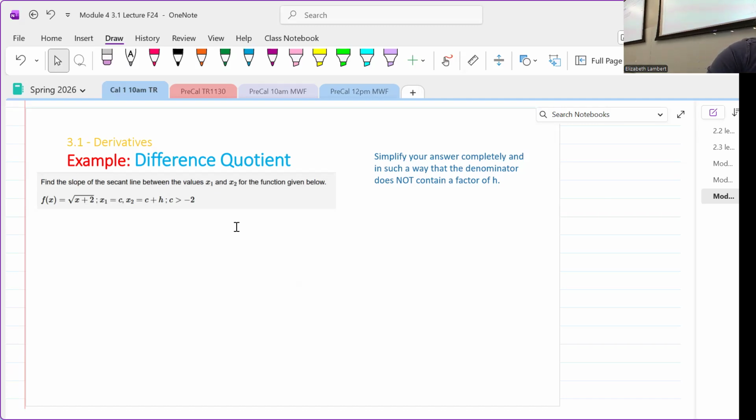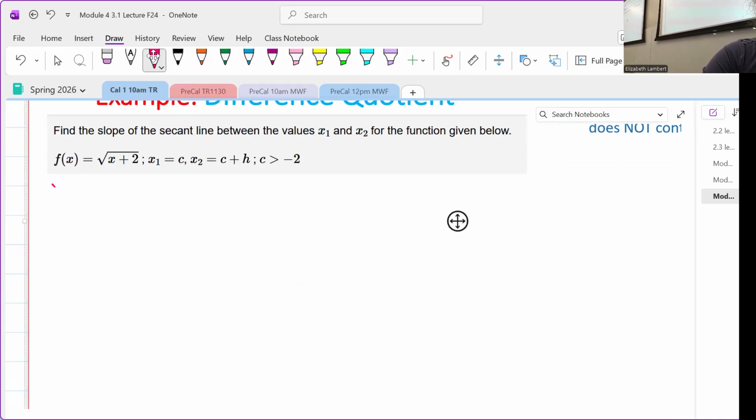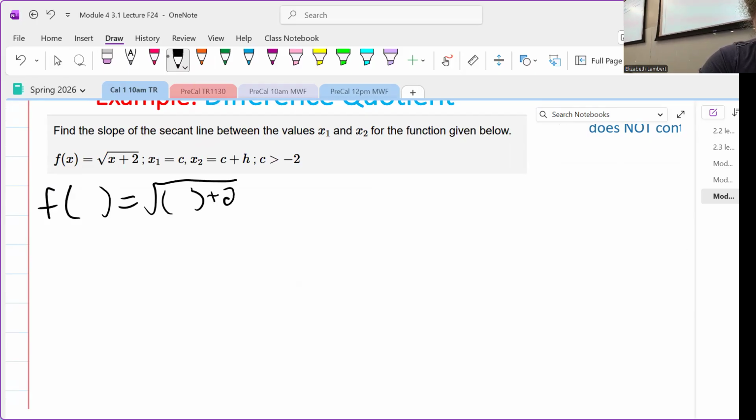All right, same song, second verse. A little bit louder and a whole lot worse. So rewind, let me focus on the function. So f of thing is the big square root of whatever the thing is plus 2.